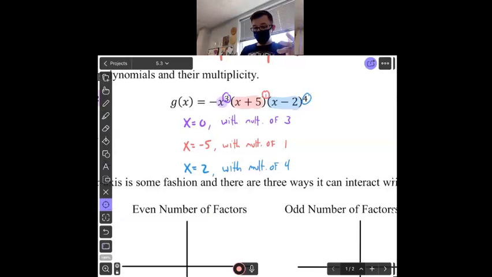So again, the idea is that means there's 3 zeros, 1 negative 5, and then 4 2's. So there'd be 8 solutions to this. Okay? But there's only 3 unique solutions. So there's 8 total, but there's so many repeats, there's only 3 unique.